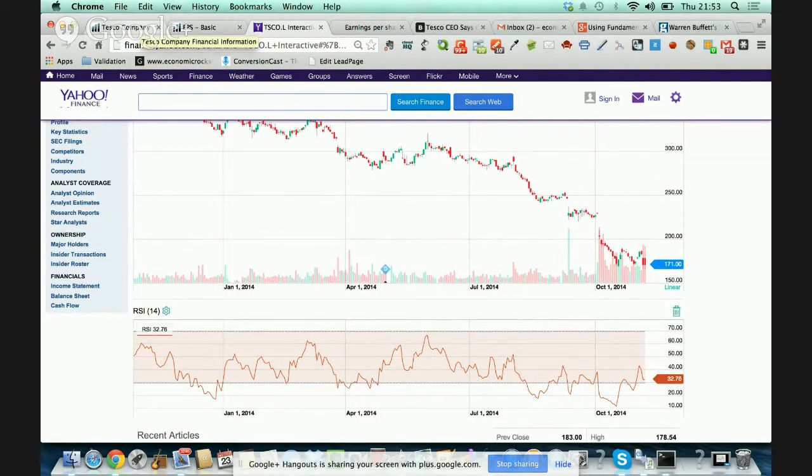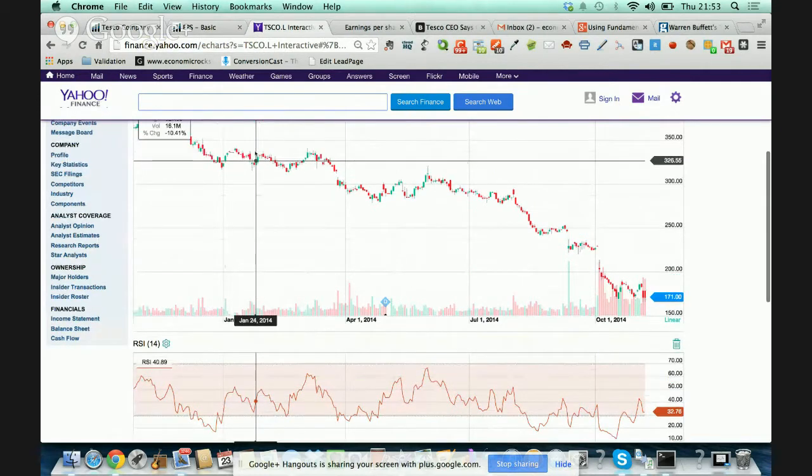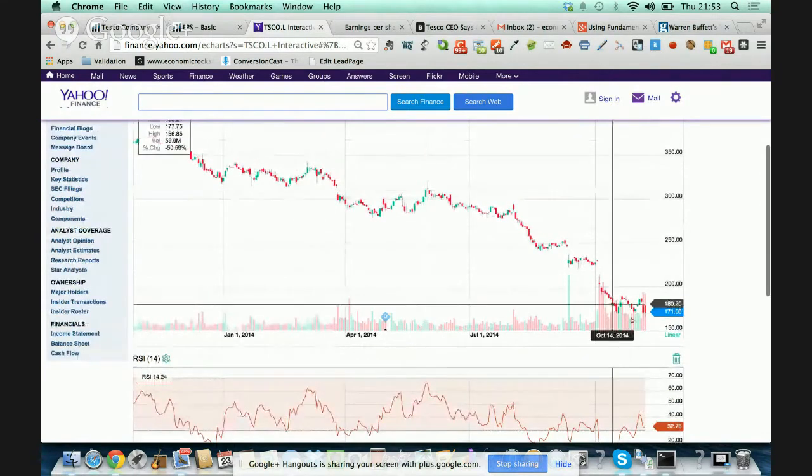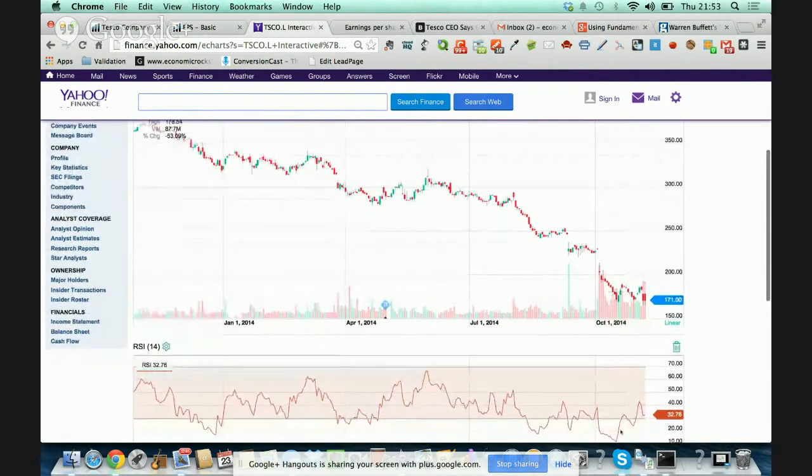So it's almost a confusing stock to decide whether you want to invest in it or not. Fundamentally, it's a no. It has to sort itself out from a technical perspective. To me, it seems to be yes, even though the trend still seems to be downward. Looking closely, there's a double bottom, and RSI is increasing as well.